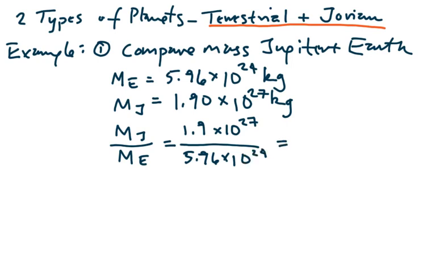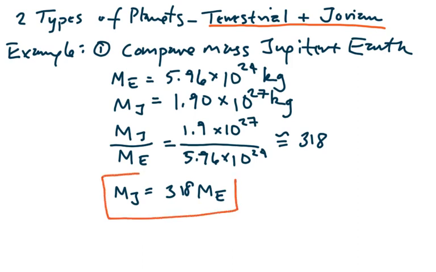And you can put those values into your calculator and get that the ratio is approximately 318. And that tells us that the mass of Jupiter is 318 times the mass of the Earth. So one key distinguishing property between the two types of planets is the much larger mass of a Jovian planet compared to a terrestrial planet.